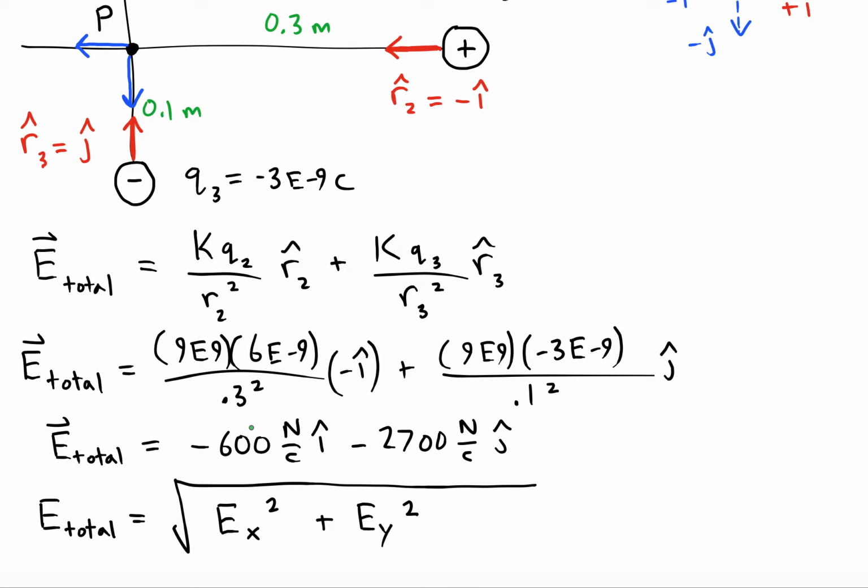So the one on the left is EX. And the one on the right, attached to J, will be EY.